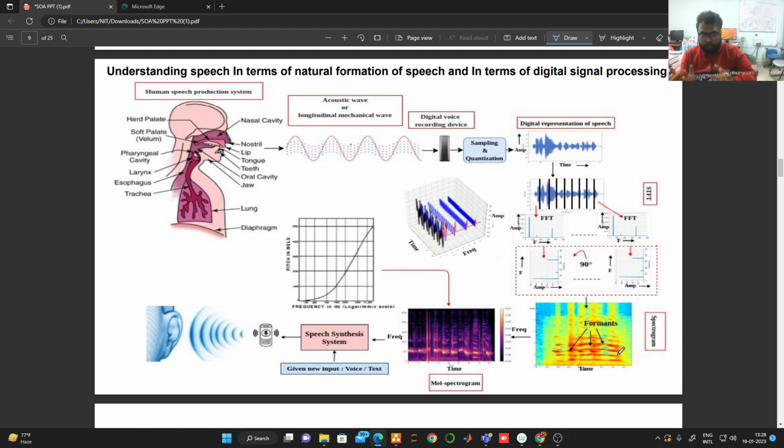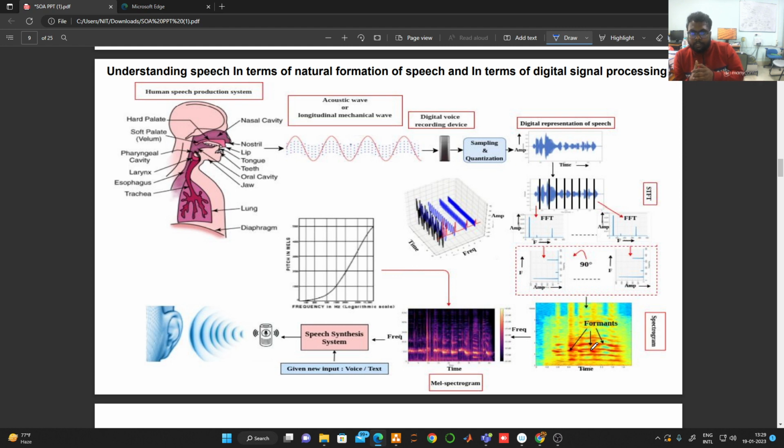Sorry, not frequencies, formants. There are multiple formants, and they give you an idea about how the frequency is changing over time, and also about the content of the speech. And there is something called the fundamental frequency. The fundamental frequency is the frequency whose presence is highest, the most primary frequency, that is changing over time. This is the fundamental frequency F0.